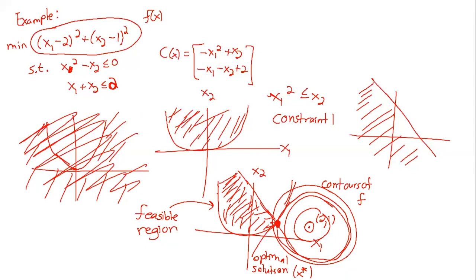And the feasible region is the set of all points satisfying all the constraints. So it's the area between the two constraints here, but in general, it will be whatever set of x1 and x2 satisfy all constraints. So it's really a set. And then we have this solution. And everywhere else that's not in the feasible region is infeasible.